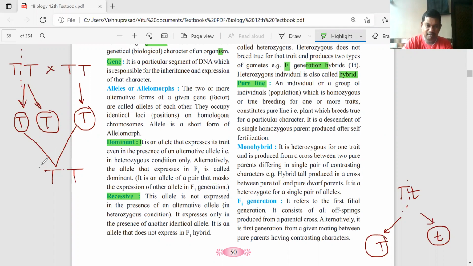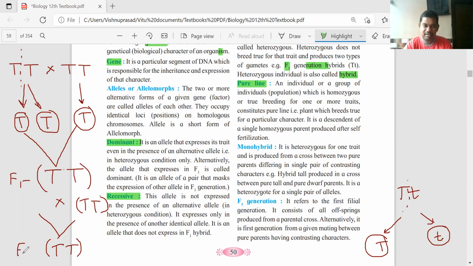This offspring, as I mentioned earlier, is called the F1 generation. Now this F1 generation can also become a parent for another generation. Suppose it is crossed with another homozygous dominant individual, same as the parental generation. There will be fusion of the gametes, and the F2 generation you get will also be homozygous dominant.